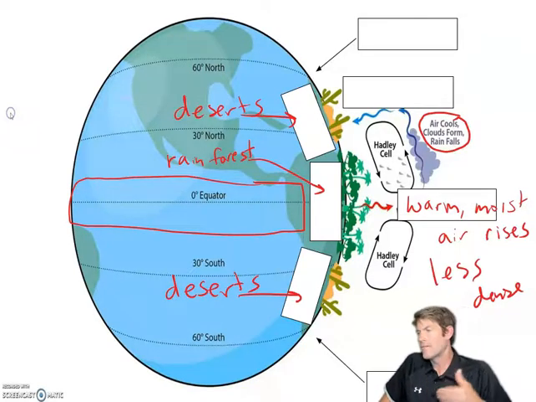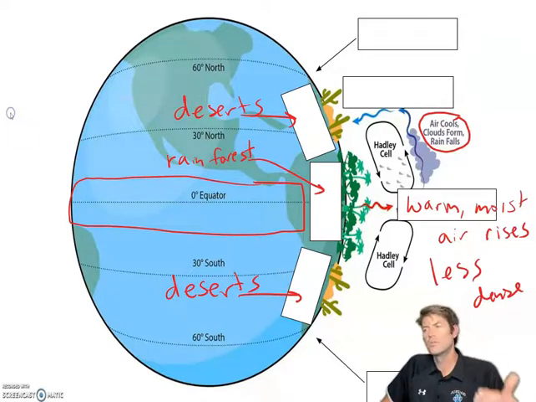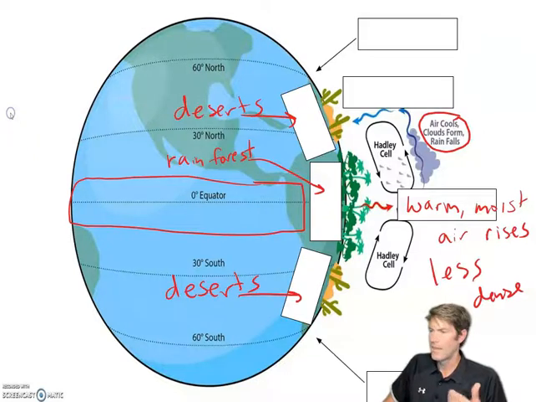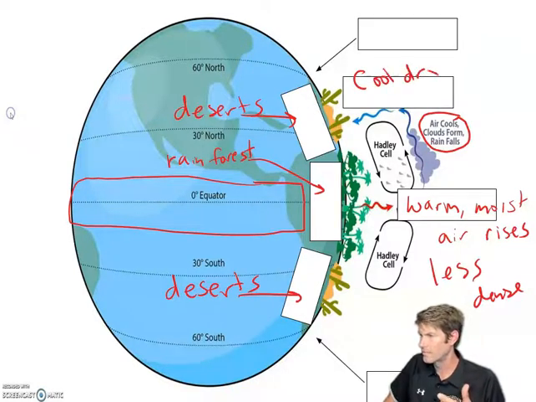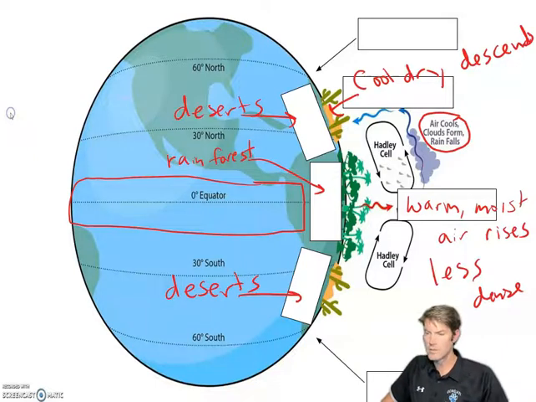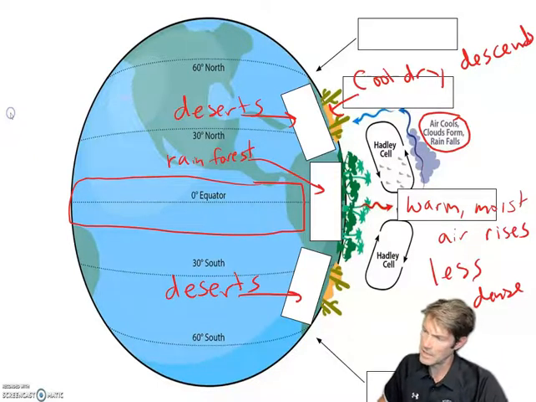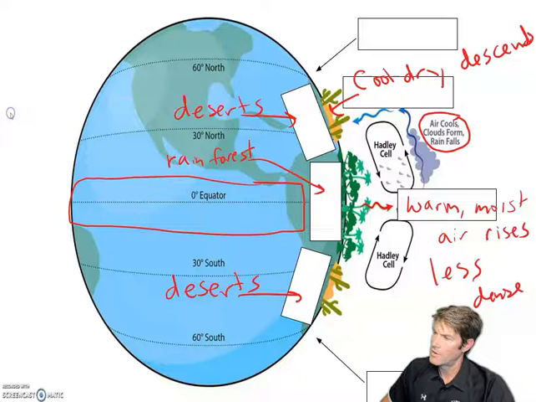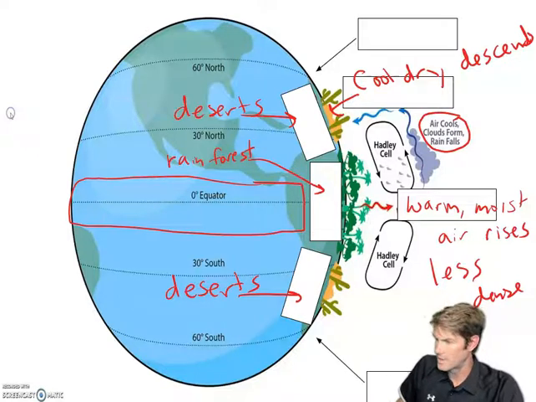Well, that air eventually runs out of moisture, cools down, and then descends. And then it's cool, so it's denser, and it's dry now. And when it does that, it's not creating clouds. It's sinking down, and that's where you find these desert regions.